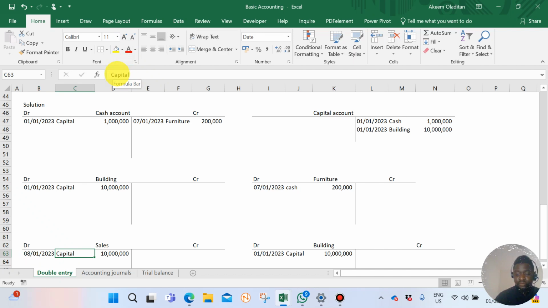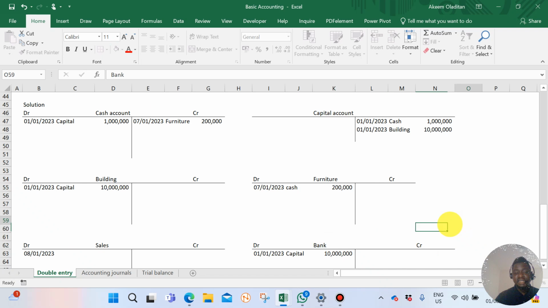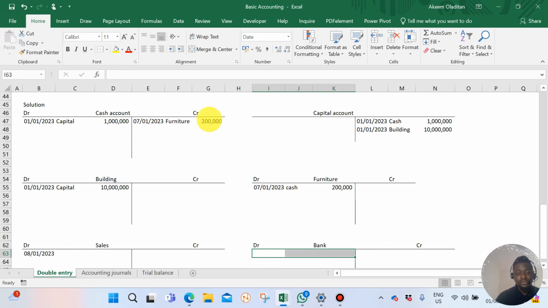Then which account did we receive the money to? Into bank. So if you look at it, we have cash account separately, we have bank account separately. So that is 8th of January.